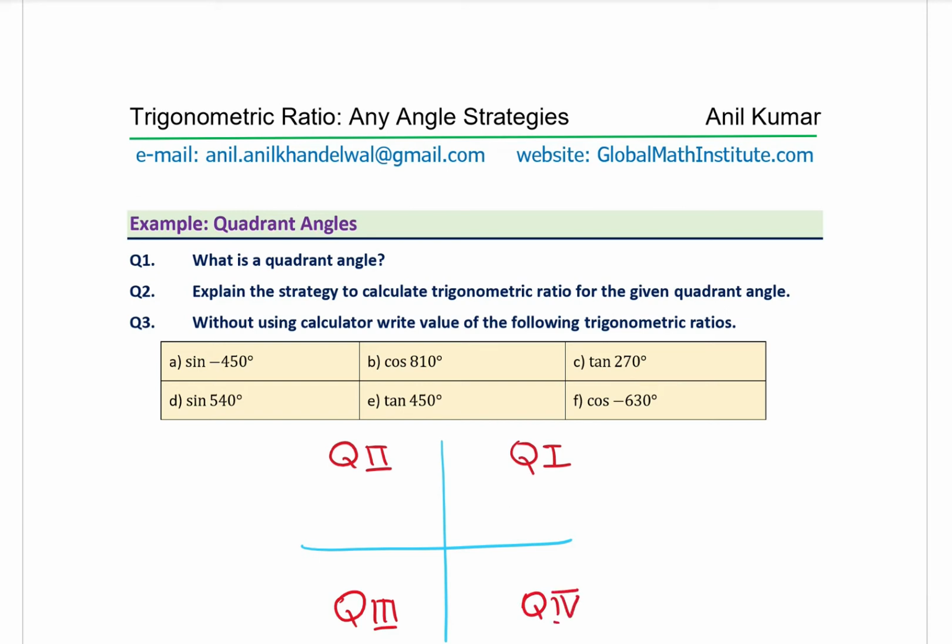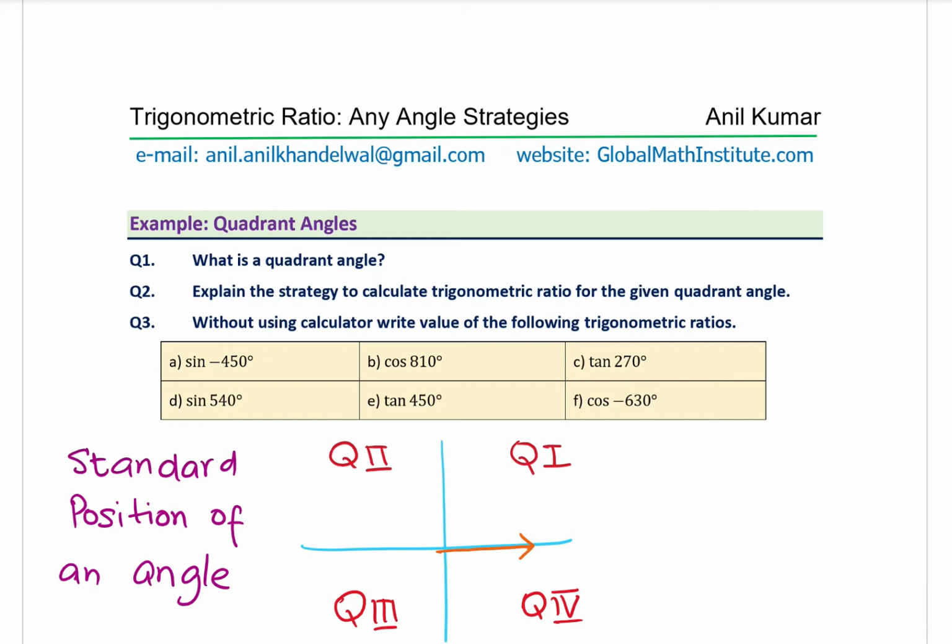Whenever you draw any angle in standard position, the initial arm is along the x-axis. Correct? And you rotate the angle towards the angle theta, and you get your terminal arm somewhere.